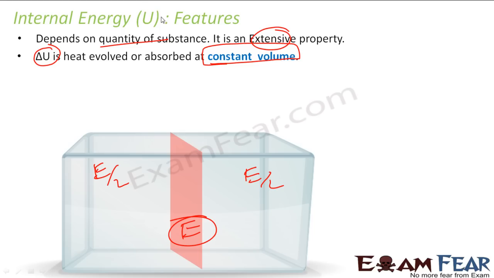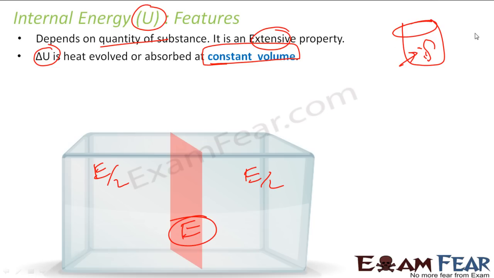Since we are starting, we'll talk about internal energy change only when the volume is constant. If I have a beaker or a test tube and I'm doing some reaction, can I talk about internal energy change if it is open?